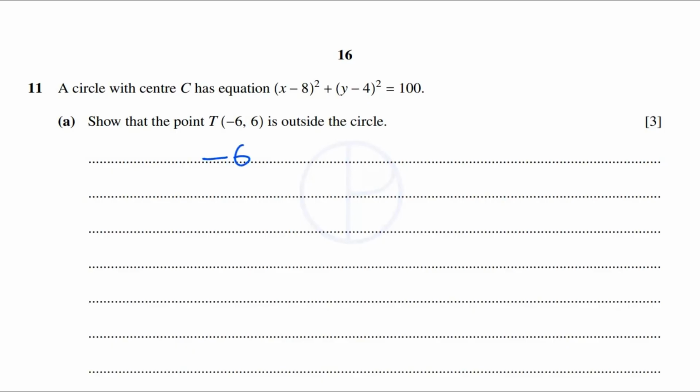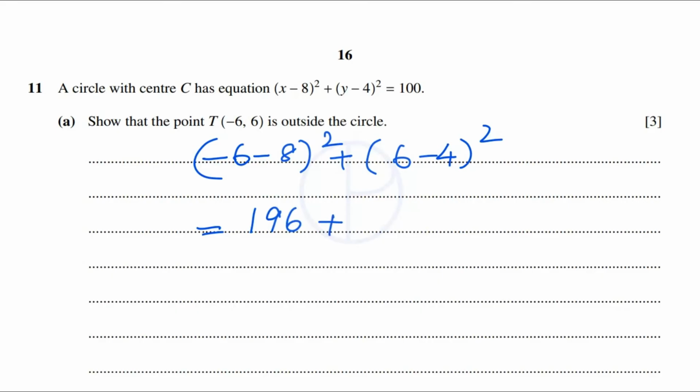So negative 6 minus 8 the whole square plus 6 minus 4 the whole square. So this is equal to negative 14 square, 196, plus 2 square, which is 4, is 200.